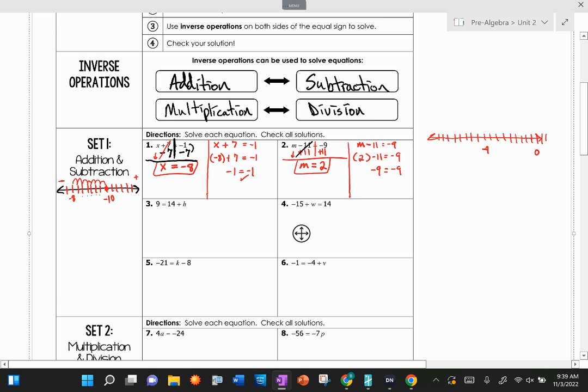Can I put my 9 here and then count that way? Absolutely. So it doesn't even matter where the first number goes. If you know you're going to be going to the left, then put it as far to the right as you want. That's kind of the nice thing about you building your own, you can change it up however you want.